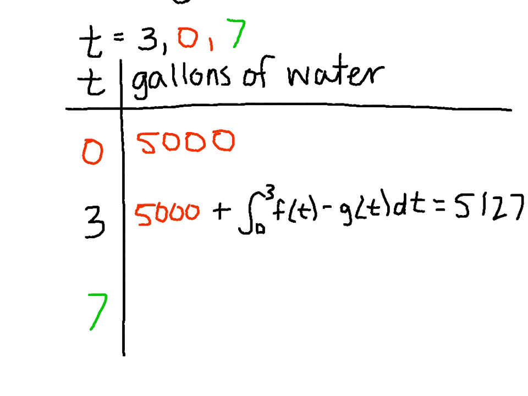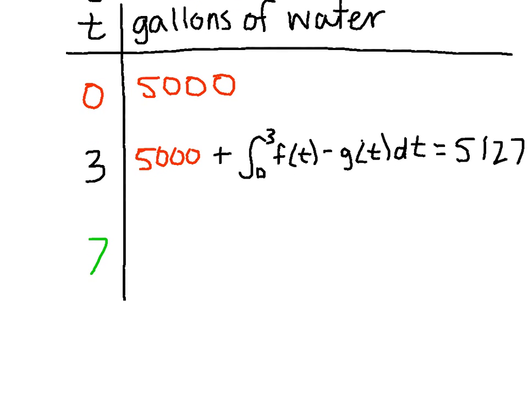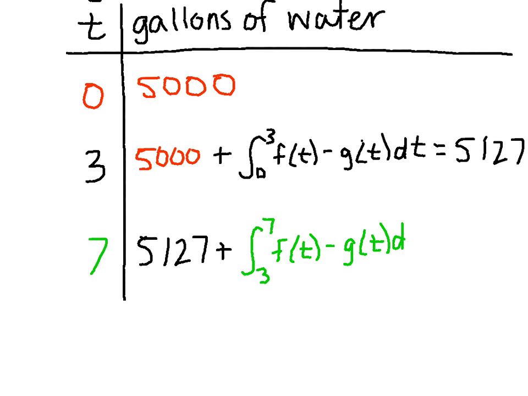So now to solve for how many are at t equals 7, you start again with the one from 3, 5,127, because that's the amount it has accumulated from 0 to 3, and now you're trying to solve for 3 to 7 so that you have all of it. So you're going to add this to the integral from 3 to 7 of f of t minus g of t.